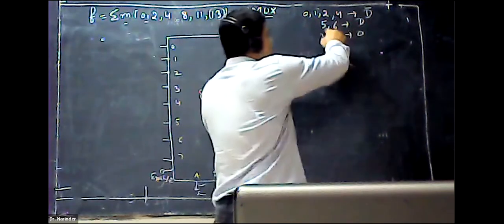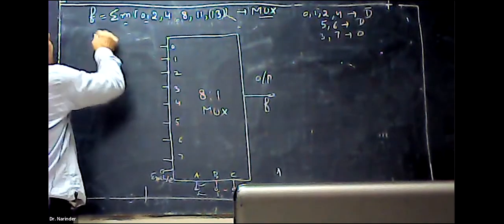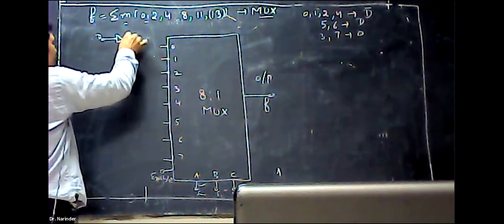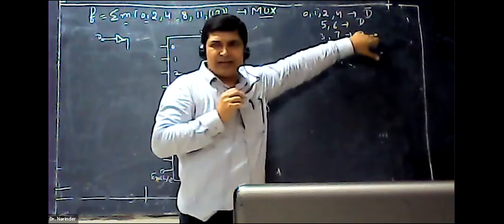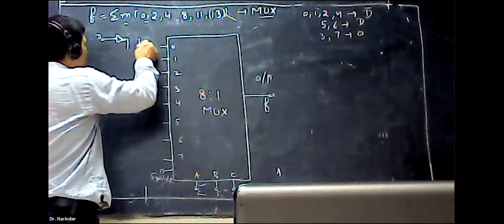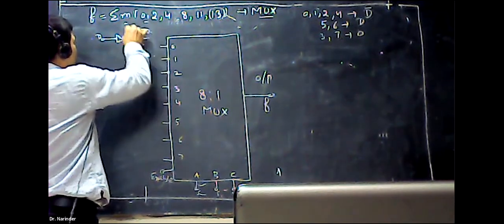D is connected to 5 and 6. This is your D. This would be your D bar. And where there is 0, it means ground.